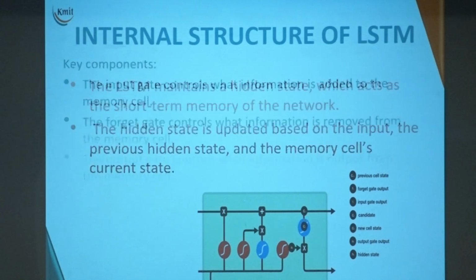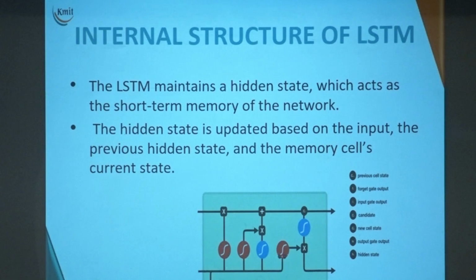Now, talking about hidden state. In RNN, you have learnt about hidden state. What does a hidden state help in? Okay, so you are aware of it. LSTM also maintains a hidden state which acts as a short-term memory of the network, same as RNN. There's a hidden state that takes the current output, gives it as an input to your next time step, helps in calculating its output, creating a very short memory over there.